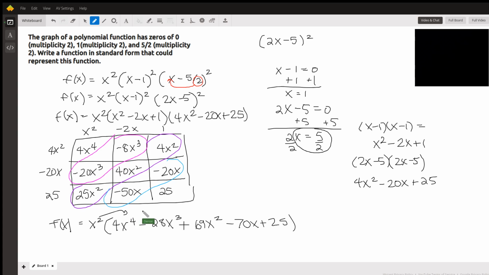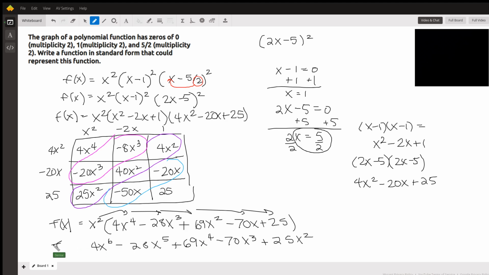And finally, to get this last one here, distributive property: 4x to the 6th minus 28x to the 5th. I'm adding these exponents, which is the right way to multiply. Plus 25x squared. And finally, that is my polynomial answer in standard form.